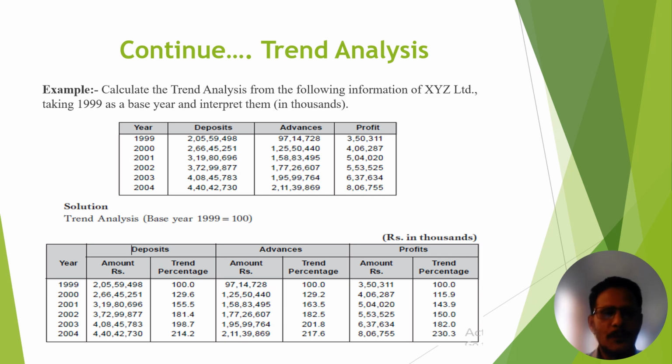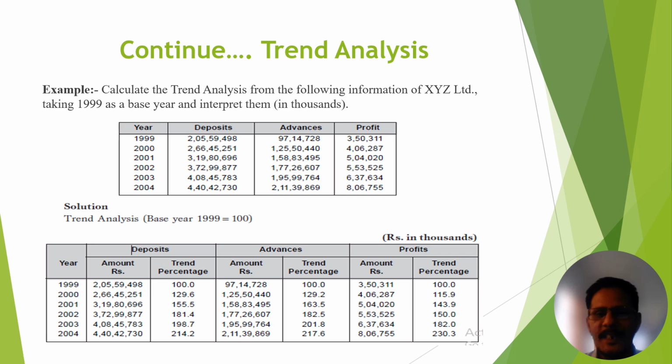Now, listen carefully. In this table, you can check that for deposits, the trend percentage is increasing. In 1999 it is 100%, then 129%, then 155%, 181%, 198%, up to 214%, it is in an increasing way.